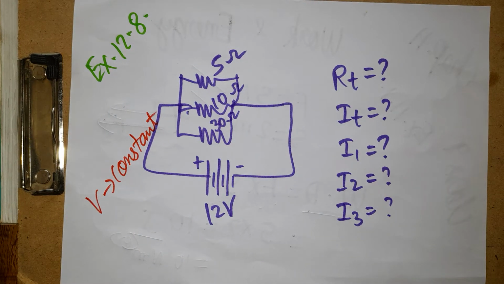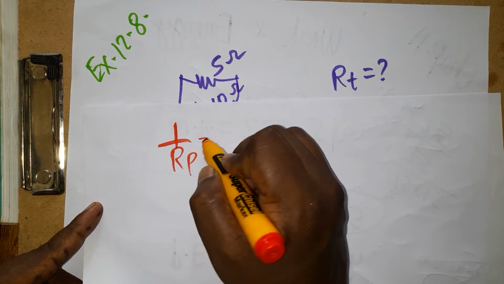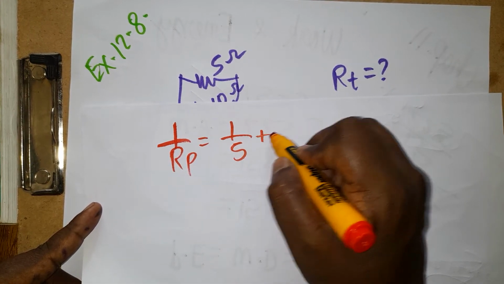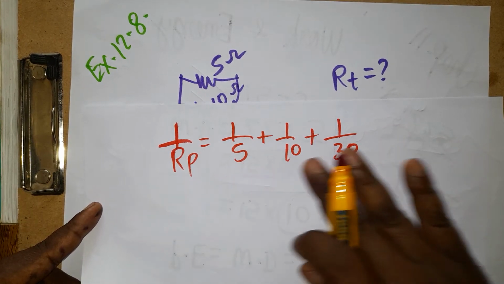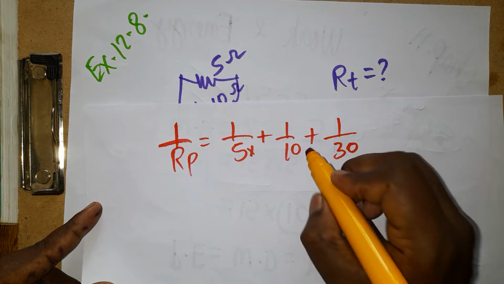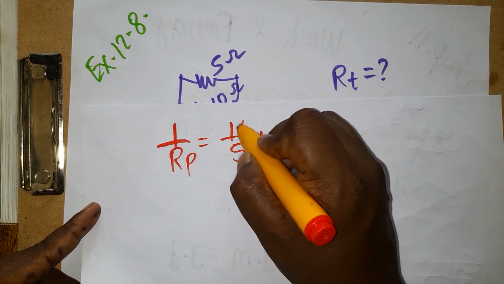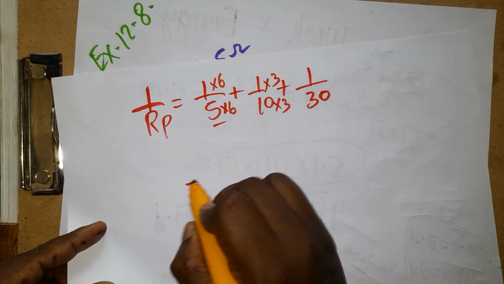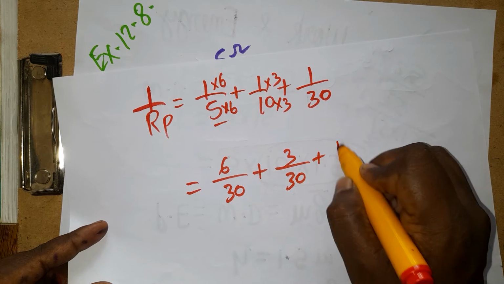See, first we will find R total. Parallel formula: 1 by Rp is equal to 1 by 5 plus 1 by 10 plus 1 by 30. Make the common LCM. Here multiply with 6, here with 3. Denominator 30. So 6 by 30 plus 3 by 30 plus 1 by 30.